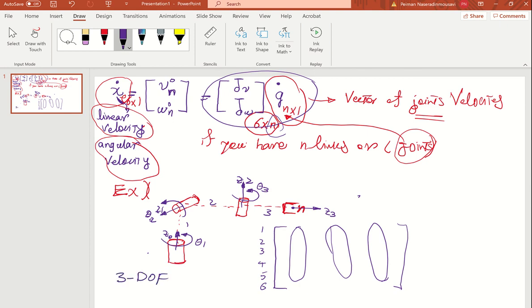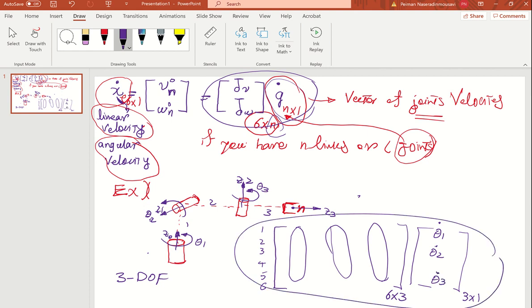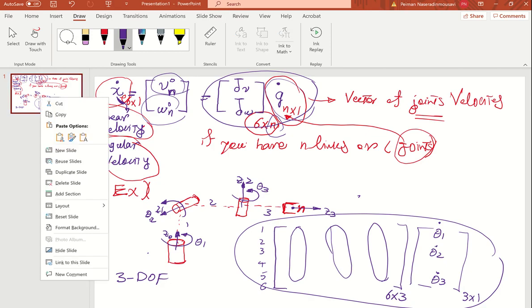Accidentally, the number of links, if you ignore the ground, is also 3, so they are equal. This is a 6 by 3 Jacobian matrix, multiplied by a 3 by 1 term: theta dot 1, theta dot 2, and theta dot 3. By this mapping, you can find the end effector linear and angular velocity. I'm going to go over it with a specific example.